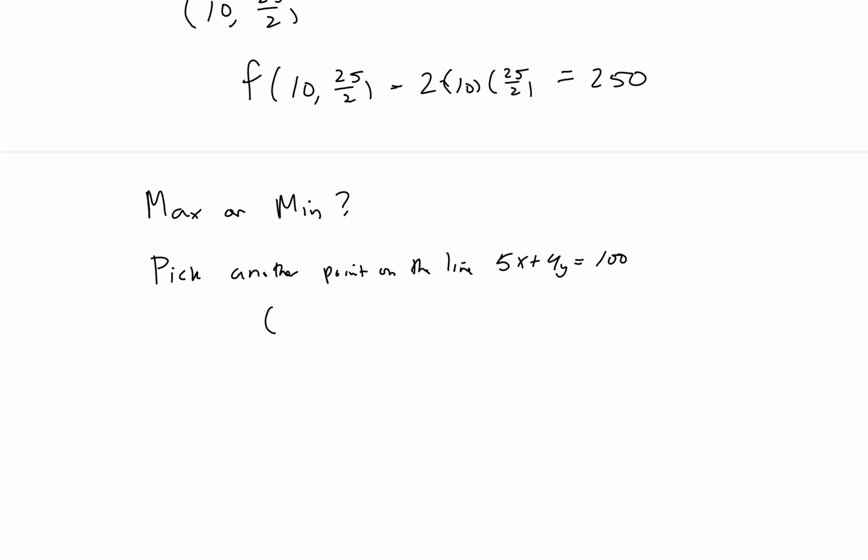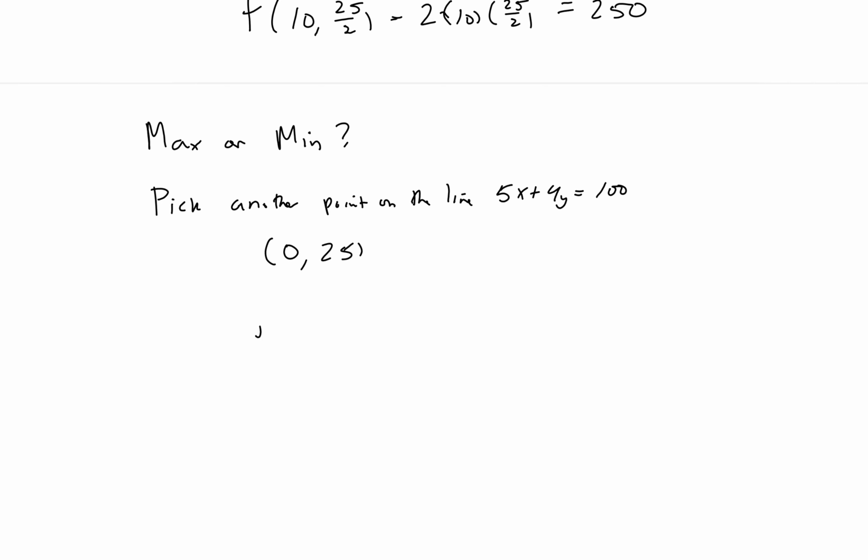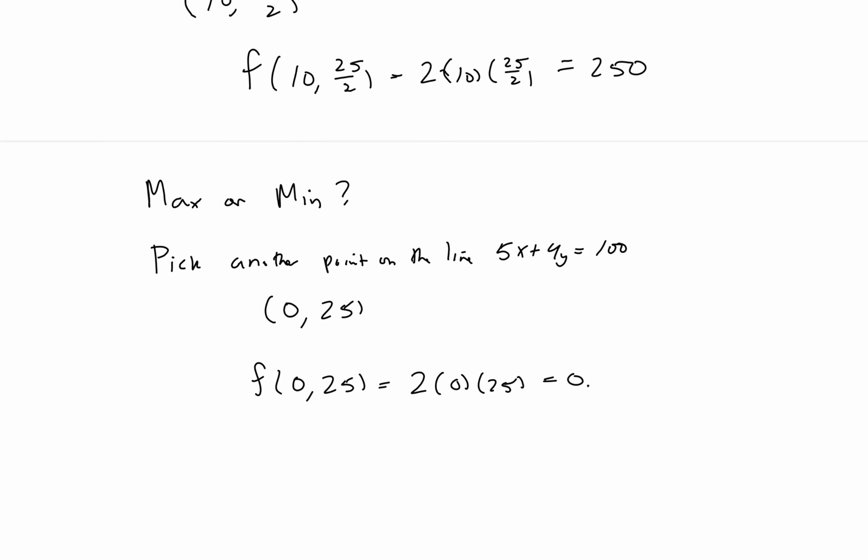So an easy point to see is if I just take 0 for x and 25 for y. And then let's evaluate this. So this is 0. So this value up here of 250 is bigger than it, so it certainly can't be a minimum because I found a smaller value.